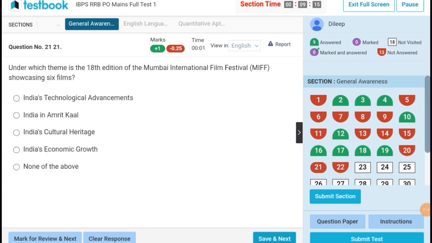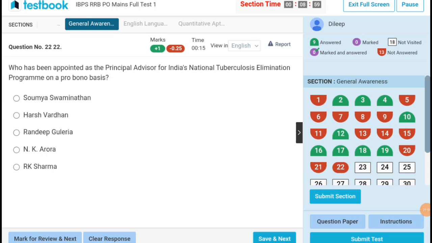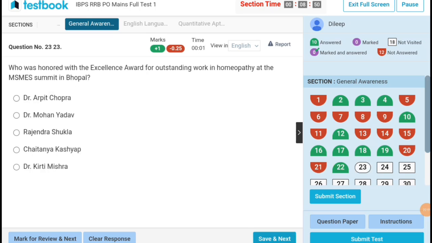Insurance. Next. Under which theme is the 18th edition of the Mumbai International Film Festival held? 6 films. Who has been appointed as the principal advisor of Soumya Swaminathan? Who was honored with the Excellence Award for outstanding work in homeopathy?